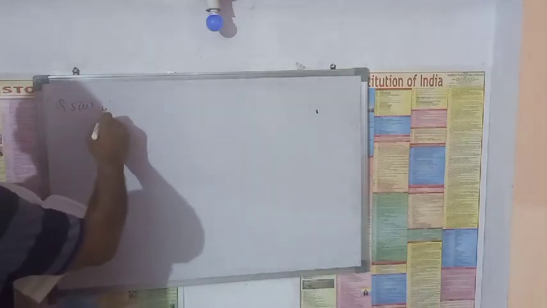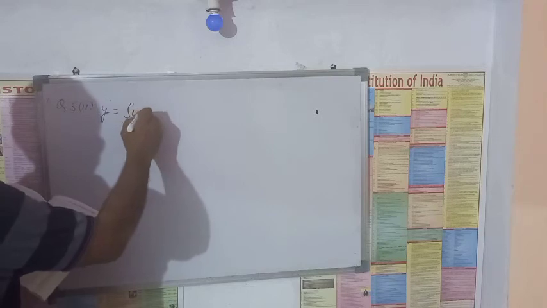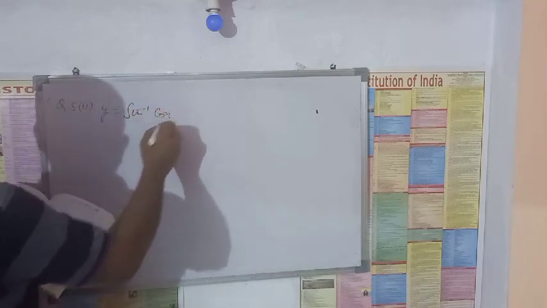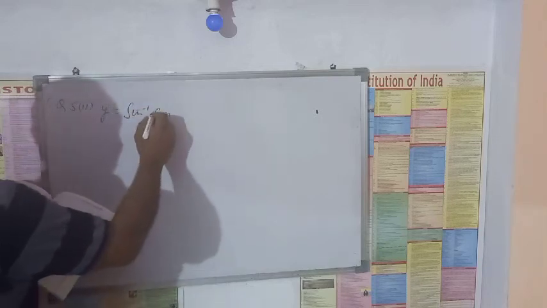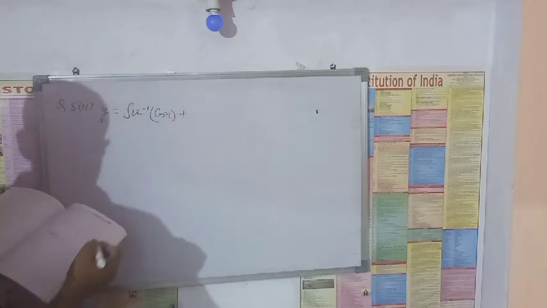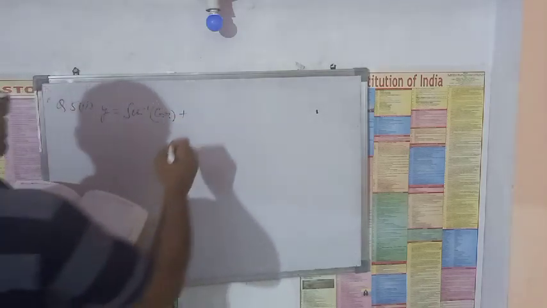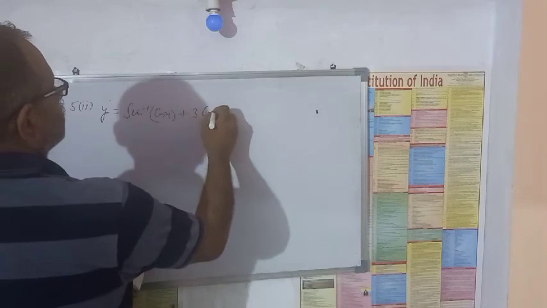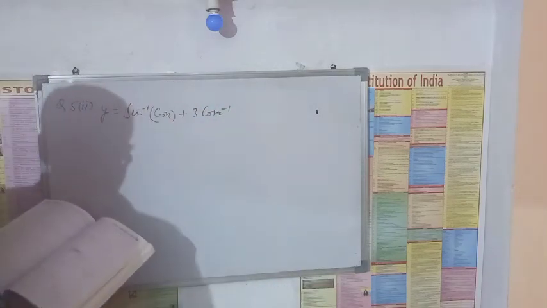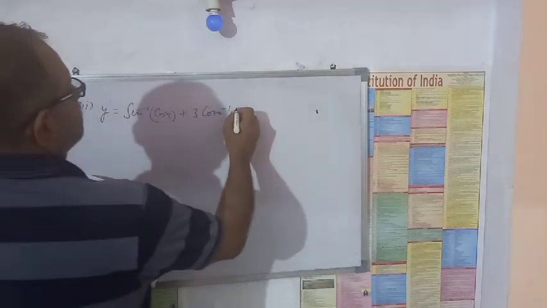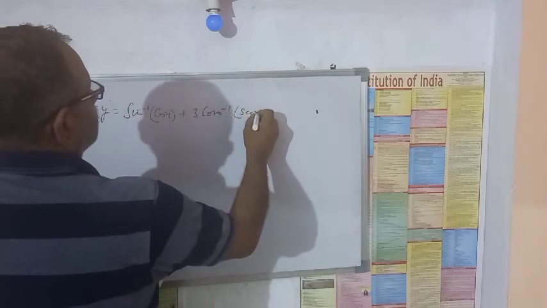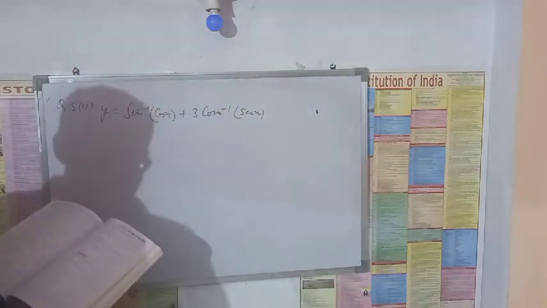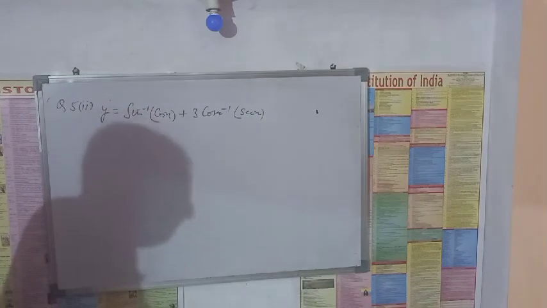Y is equal to sin inverse cos x plus 3 cosec inverse sec x. And we have to find dy by dx.